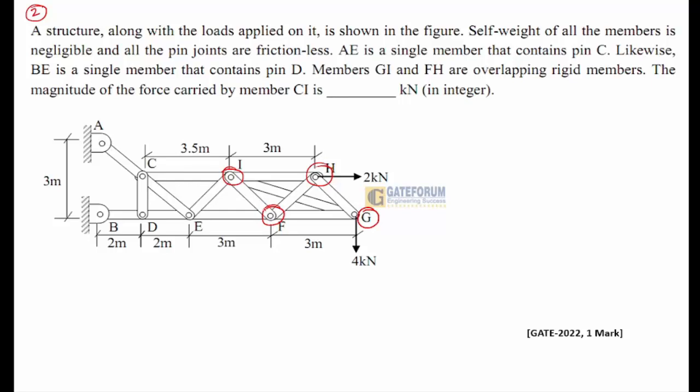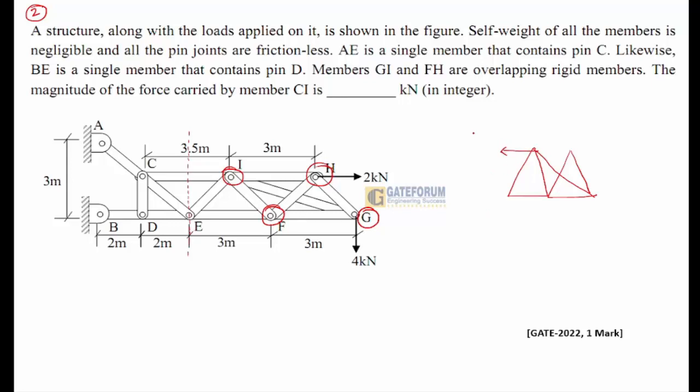This is a bit of a complicated joint. I'll do it by method of sections. When I cut this section vertically through E, the free body diagram is like this, and you have one joint behind it.